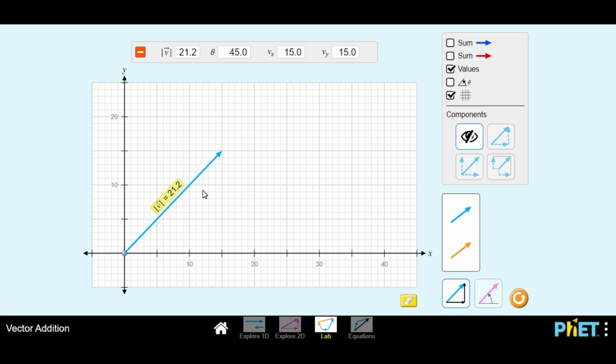Because this vector is not parallel to the y and x-axis, it has an impact on the x-axis and y-axis. Let's say this vector is velocity, v. So let's say a car is traveling in this direction, at 45 degrees, and the velocity is 21.2.